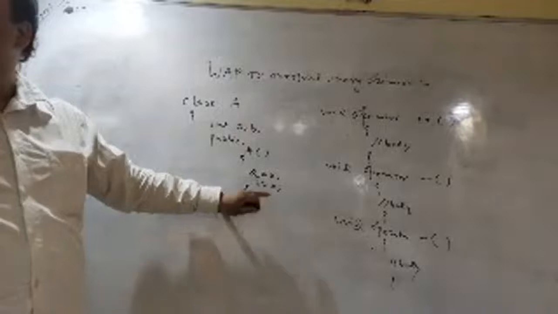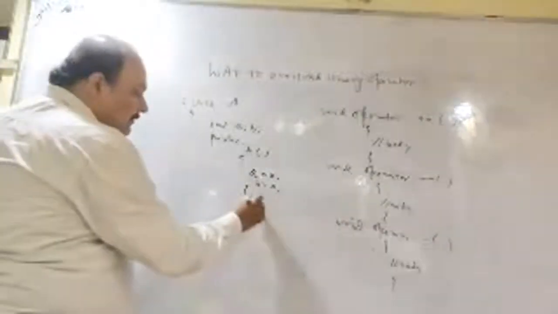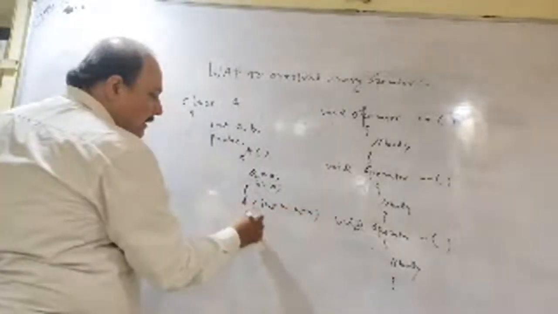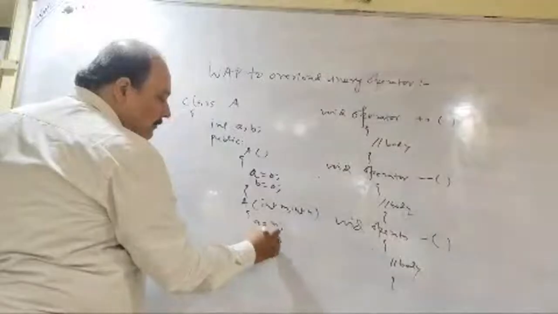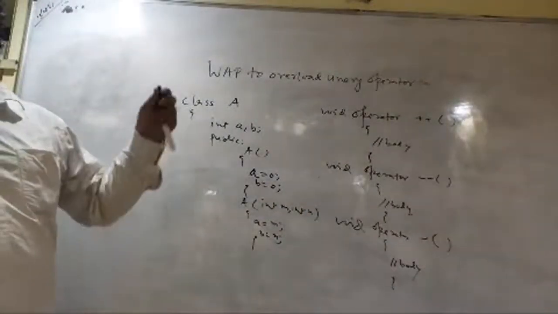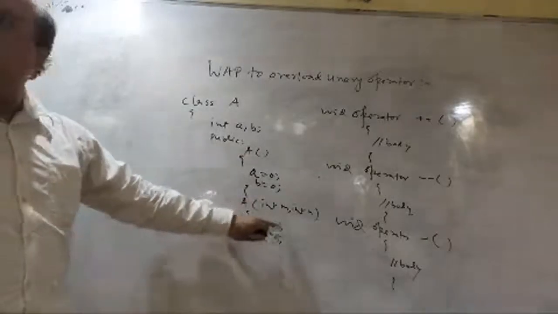Initially, whenever no parameter is passed, the value of A and B is 0, and whenever parameters M and N are passed, then A becomes M and B becomes N. That means whenever you pass the values for A and B from main, then A and B are both assigned by those particular values. So this is the parameterized constructor, and this is the default constructor.